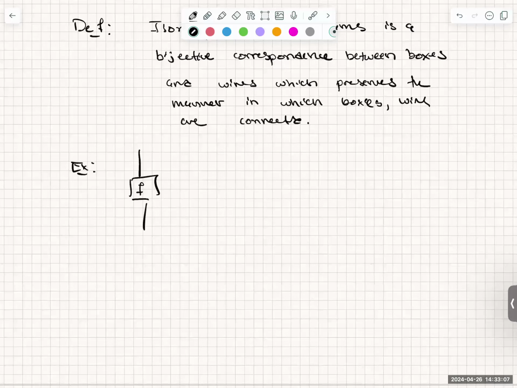So if I have some F and some G, I can do this. And we say that these two things are isomorphic, and we've more or less been already using this. I should start this higher up, I guess.